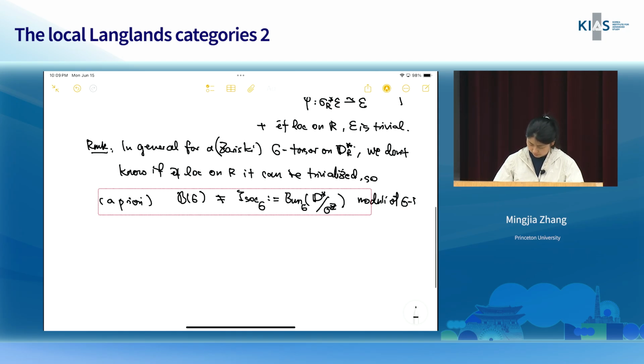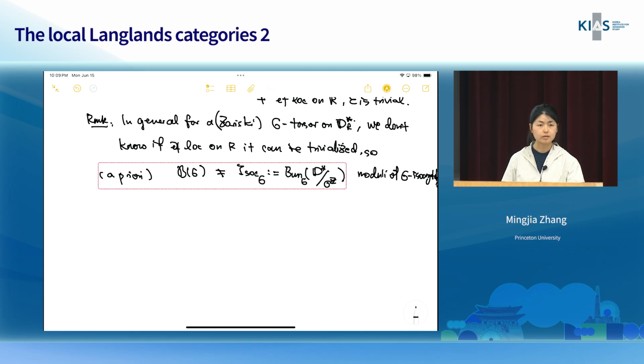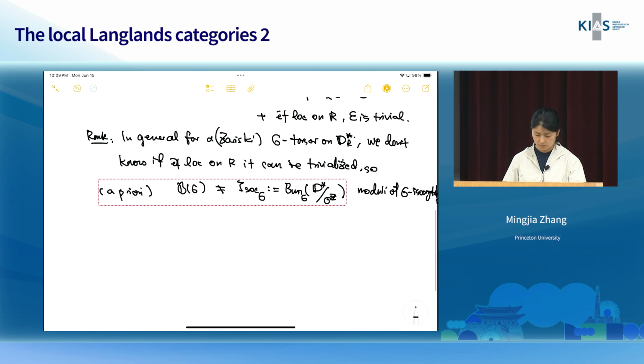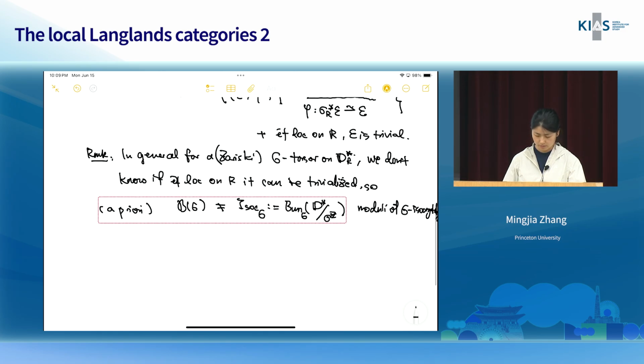But for later talks, people should feel free to switch back. You can use other things as well. So maybe a priori this is fpqc, I don't know if it's the same.